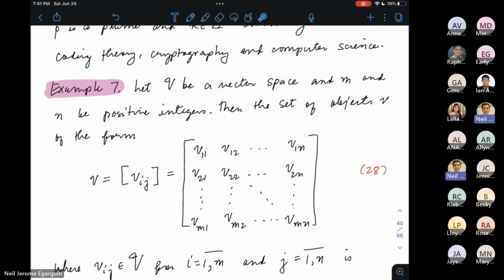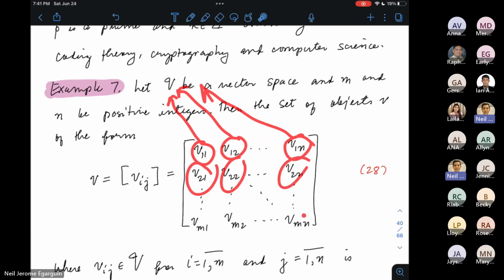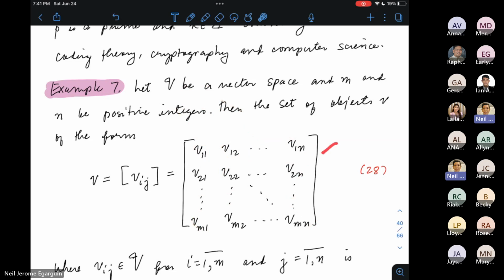So, ang mga vector ko ngayon ay vector na ang laman ay mga vector elements arranged in a rectangle. So si V11 ay nanggagaling kay V, si V12 nanggagaling kay V. So everything inside this rectangle all comes from V. Kasi ito yung tinatawag natin na matrix na ang laman ay mga elements ni V.